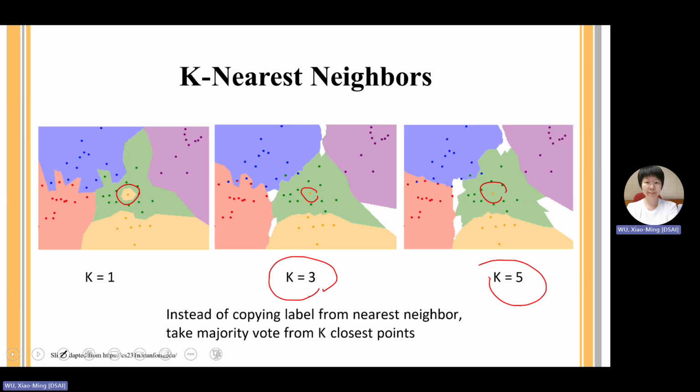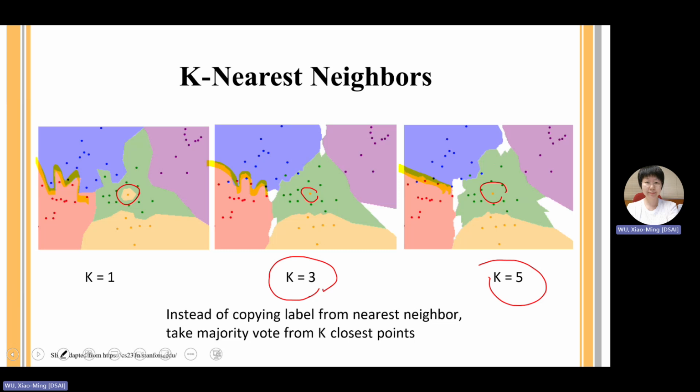Also let's observe the decision boundary when K is 3, when K is 1, and when K is 5. What can you observe on the change?